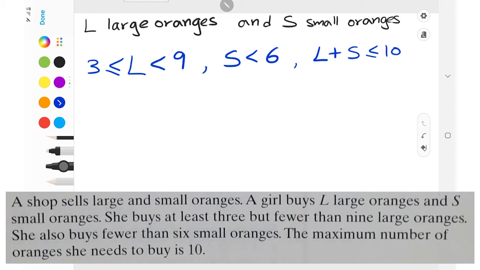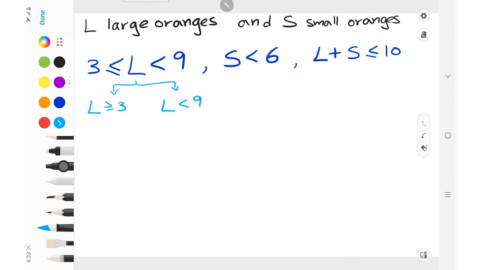But first, we will draw L greater than or equal to 3, and we will draw L less than 9. We will draw these two so that we can find the answer. So let's start doing it.